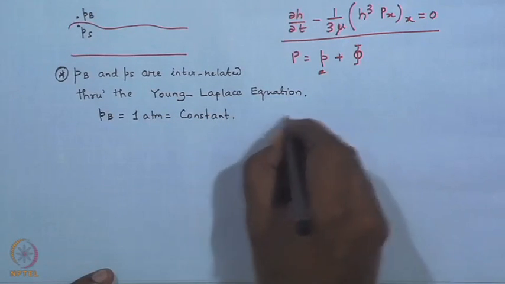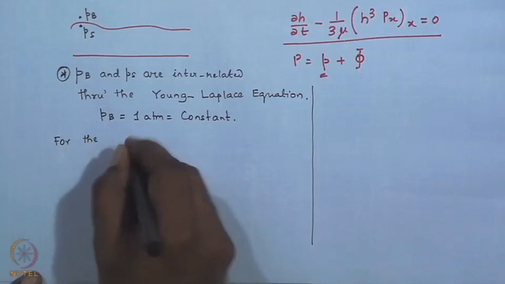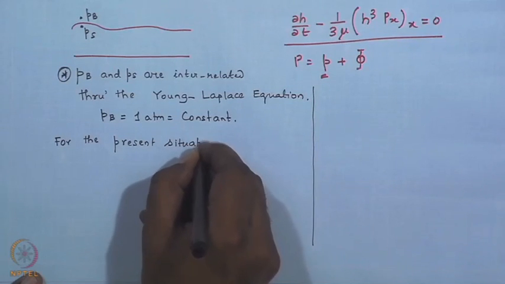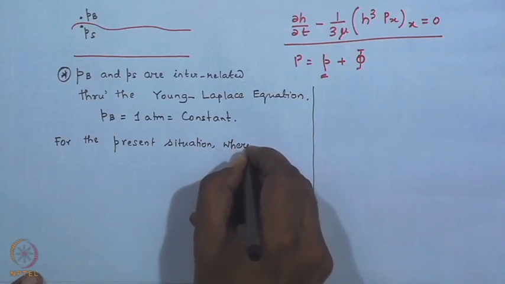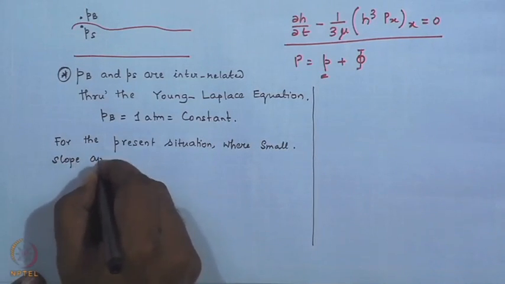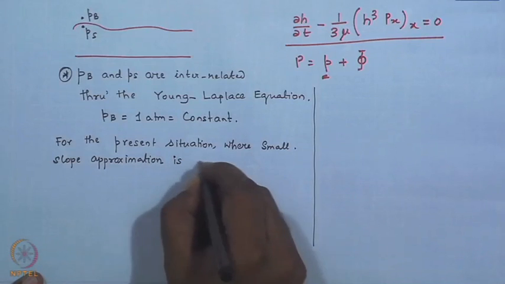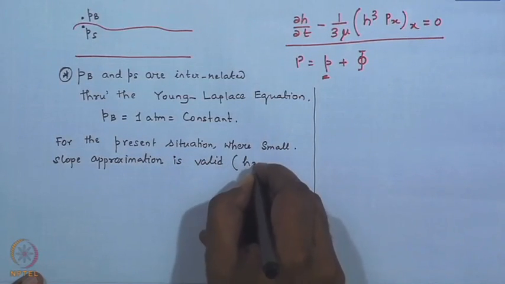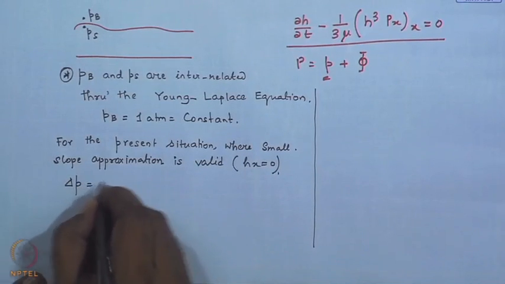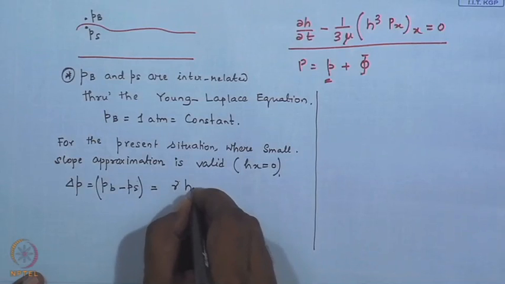So, for the situation where a small slope approximation is valid, that is Hx is equal to 0, we have delta P, which is Pb minus Ps, equal to gamma into Hxx.